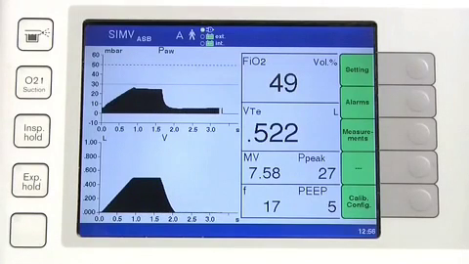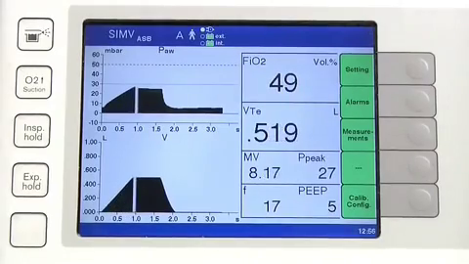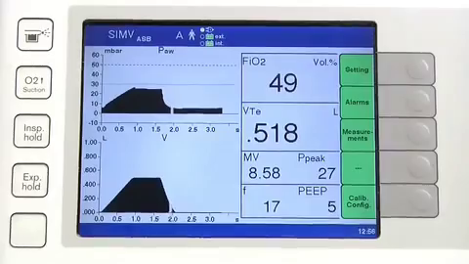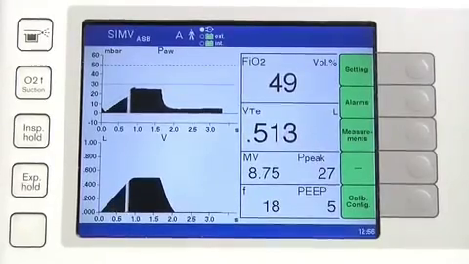This waveform is good at indicating if there are any leaks in the circuit, the ET tube, or cuff pressure leaks. We can demonstrate this by creating a leak in our circuit.